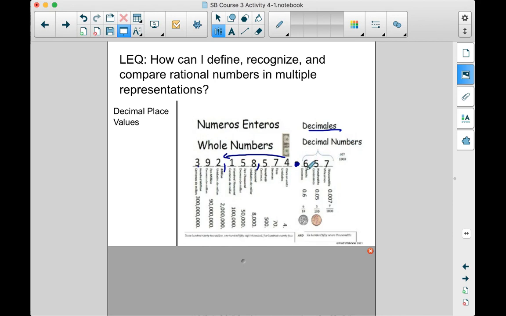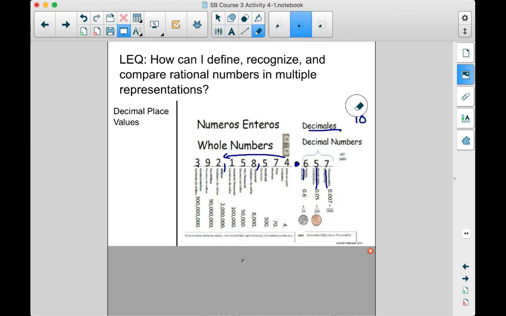Our decimals, the 6 is what we call the tenths place. The 5 is what we call the hundredths place. And the 7 is what we call the thousandths place. So if I were to write this 6, the decimal, as a fraction, the reason I call it a tenths place is because it would be 6 over 10 or 6 out of 10.